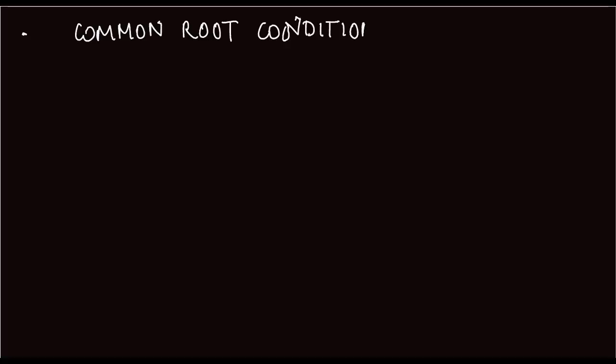Let's write that. A common root condition. You have to remember it like this. In JEE, you will be asked that to have a common root, what conditions must these quadratic equations satisfy, or what conditions the coefficients must satisfy.